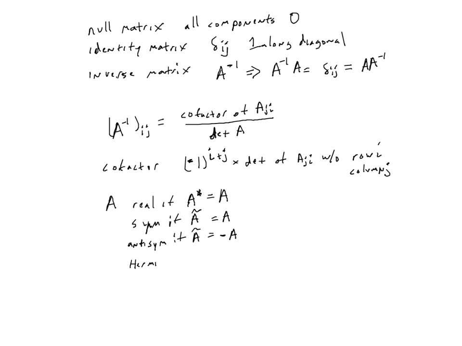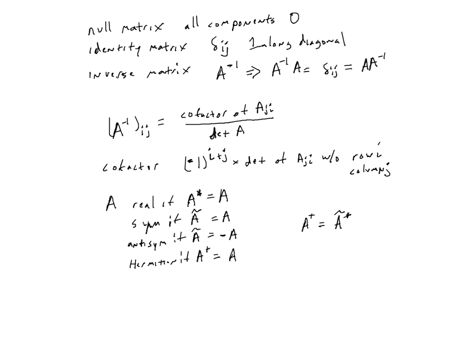It is Hermitian if you take the A dagger, which is the transpose and the complex conjugate wrapped together in one, and you get itself back.